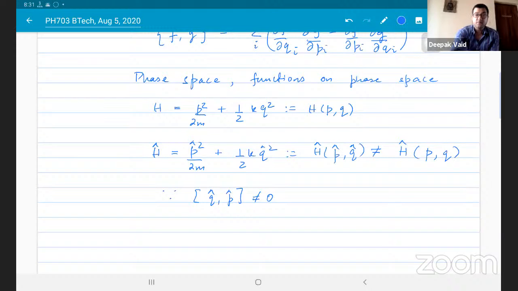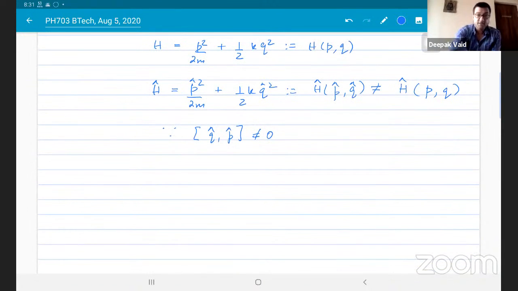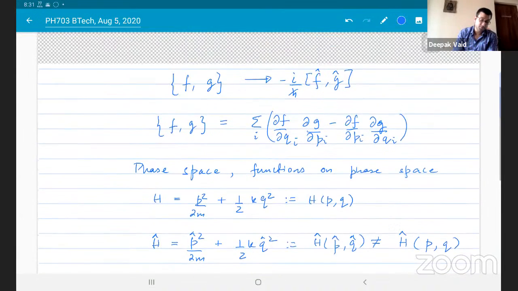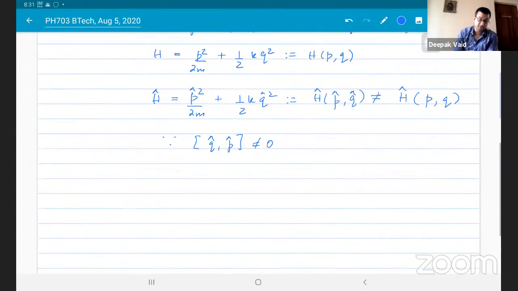And now we can use this analogy, we can use this equation of motion, this one, to write down the time evolution of various kinds of operators and states.